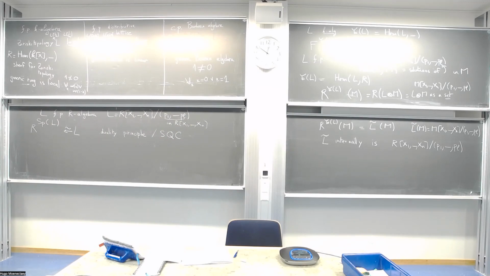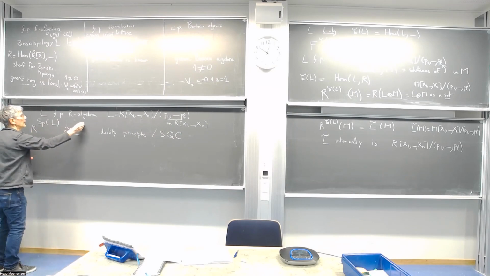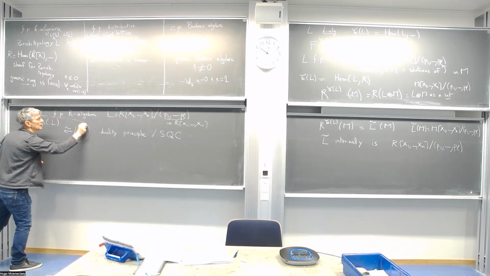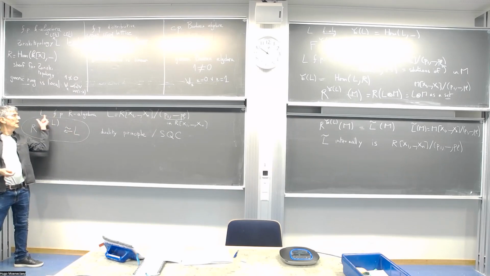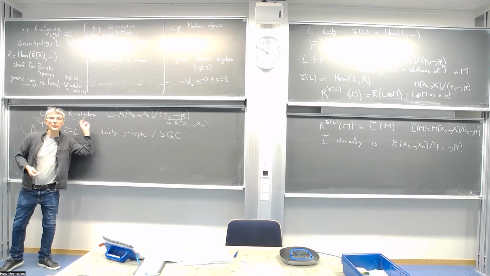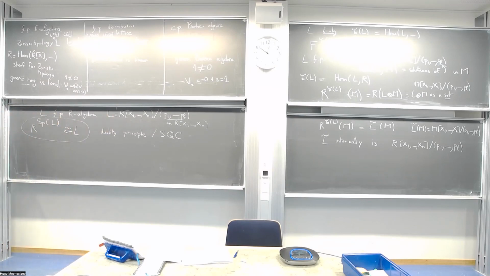I will not give details, but it's not so easy to see how to make sense of this, because it's a statement which is quantified over any L, which is a finitely presented K-algebra. So the ordinary setting of the language of one topos theory is not enough.